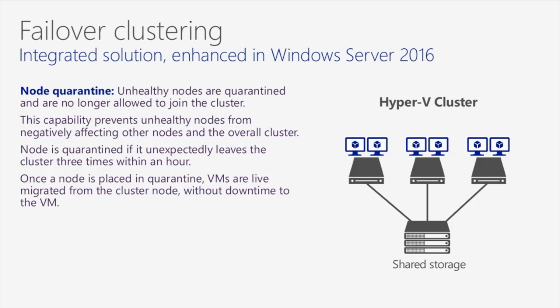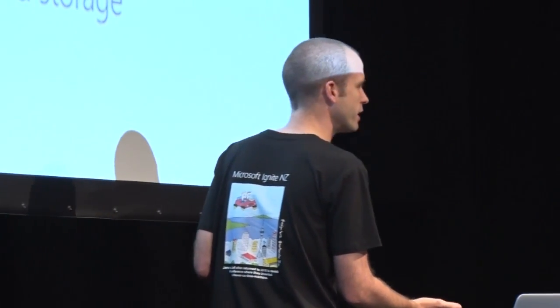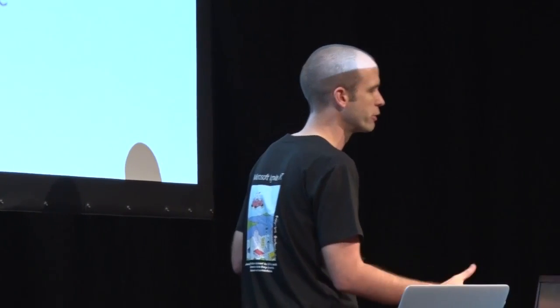And it was faulty hardware where sometimes it'd be okay, and sometimes it would fail, and it would keep on coming in and out of good health, bad health. And what would happen is this single node would slowly destroy their entire cluster. Because the node would be good, workload would get placed on it, and then it would have a problem, and workload would get failed over, and then it would be good again, and it would come back, and workload would get placed on it again.